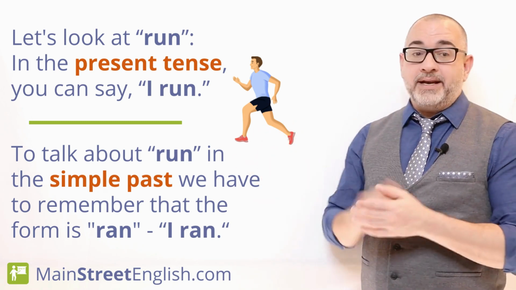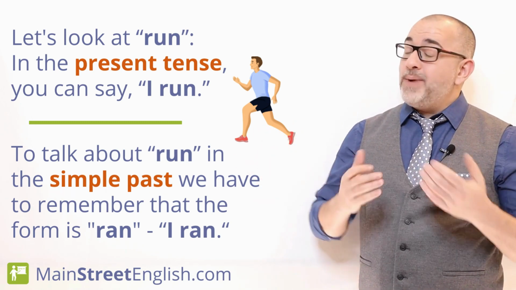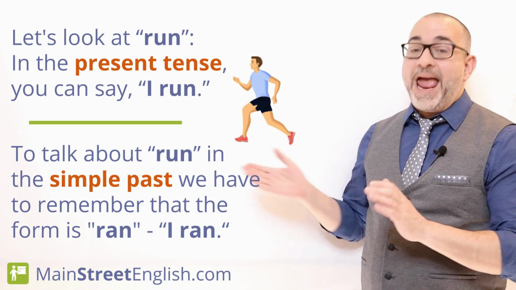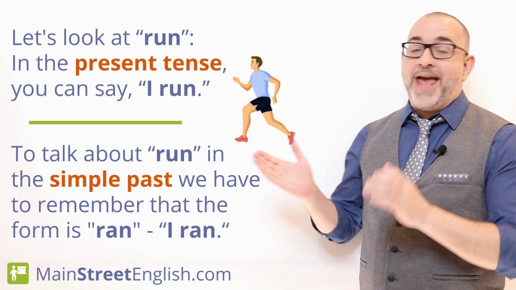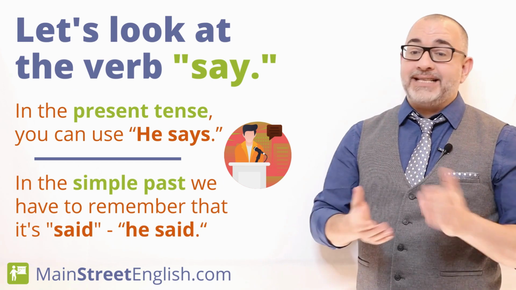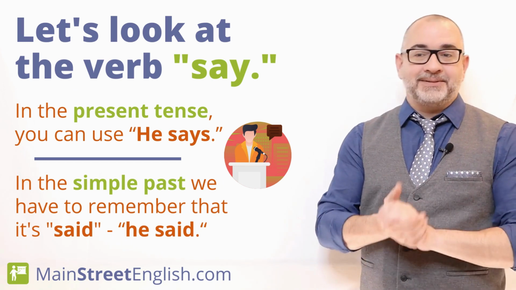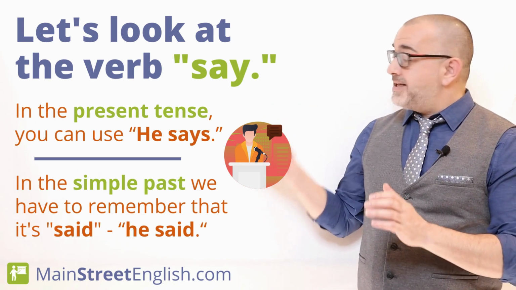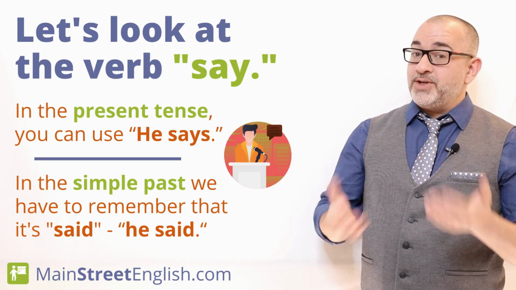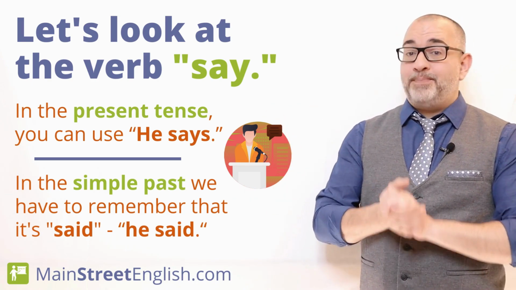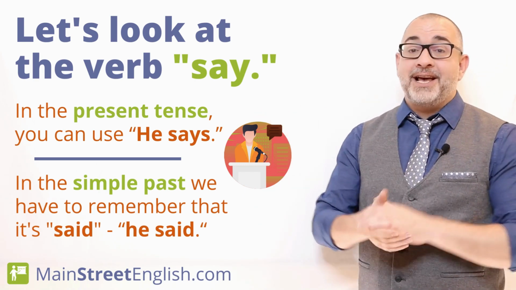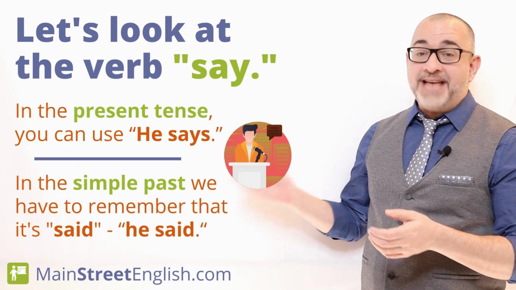To talk about run in the simple past, we have to remember that the verb's form is ran. I ran. Let's look at the verb say. In the present tense, you can use he says. But to talk about it in the simple past, you have to remember that he says becomes he said.